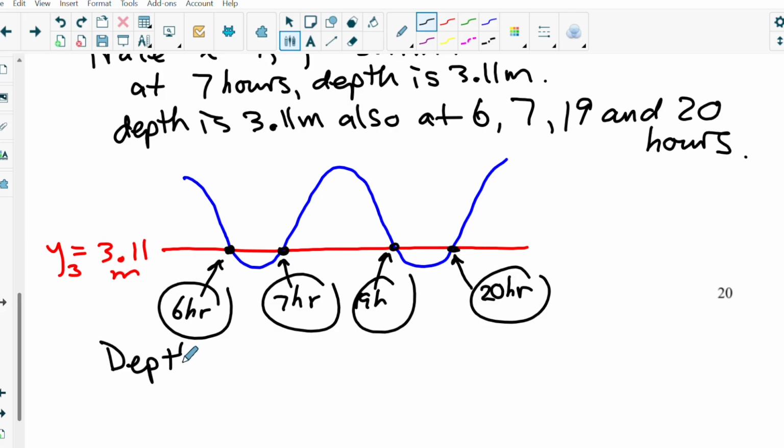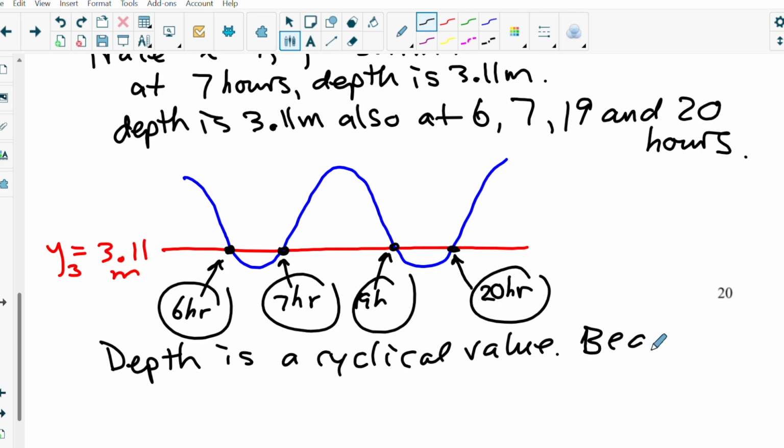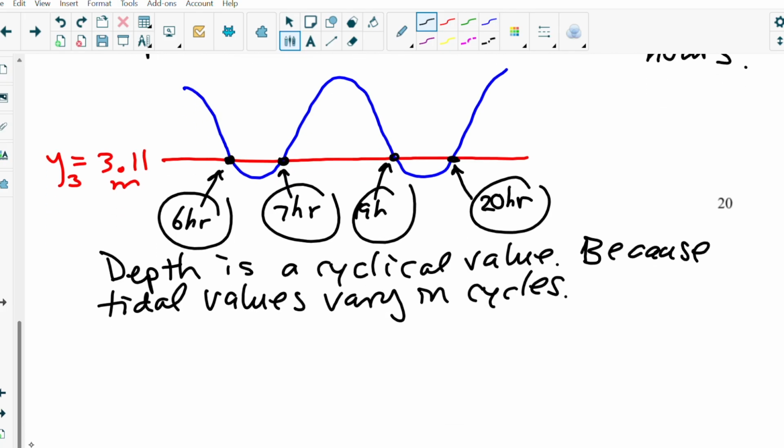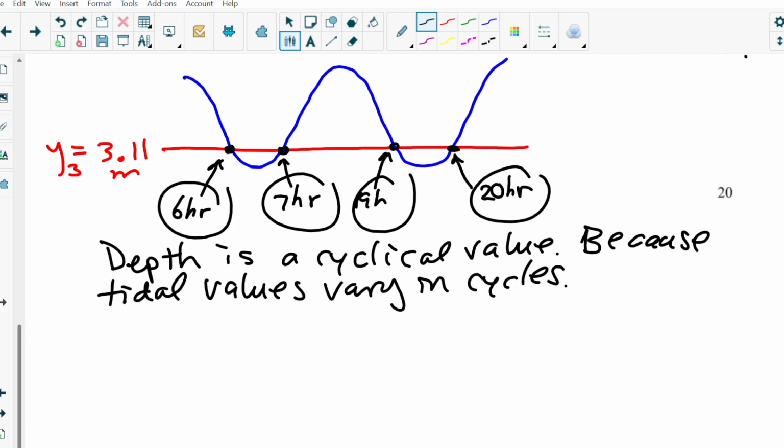So in this case, it's a sinusoidal function. So depth is a cyclical value. Why? Because tidal values vary in cycles. Well, this is because of the moon and gravity, right? So depth is a cyclical value because tidal values vary in cycles.